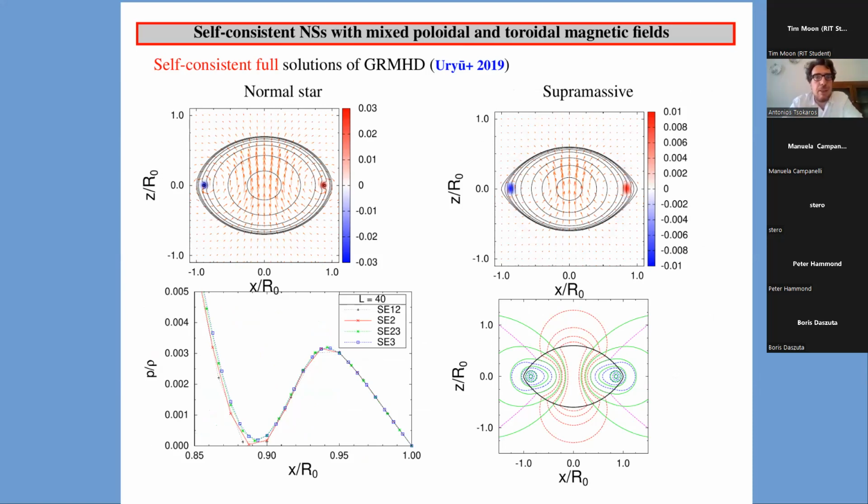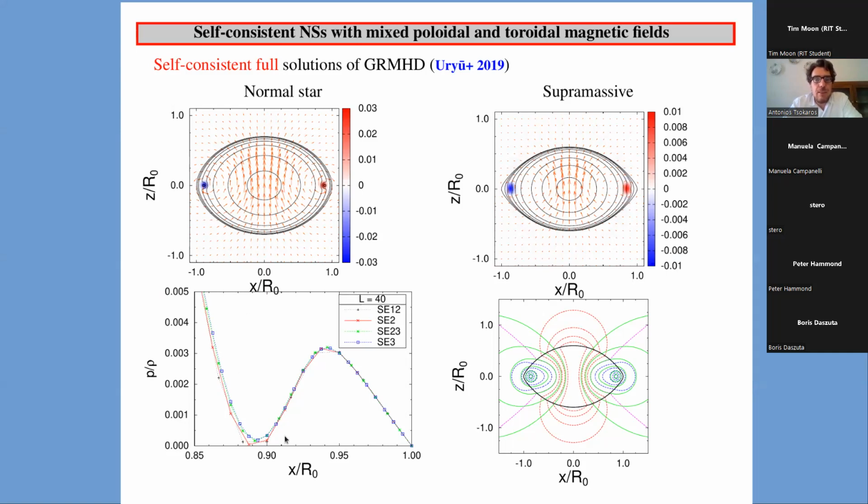Now, one of the extreme solutions that we were able to compute has the following artifact. Actually, before I mention that, let me tell you that the black contours that you see here are contours of density. Maybe you cannot see it very clearly, but if you zoom into this area here, you see that the density contour makes a kink.